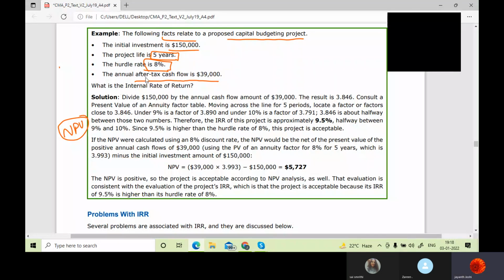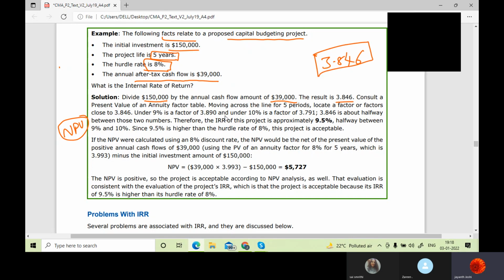Let's see what procedure they're following to find the IRR. They ask you to divide the 1,50,000 investment by your annual cash flow of 39,000. The result is 3.846.